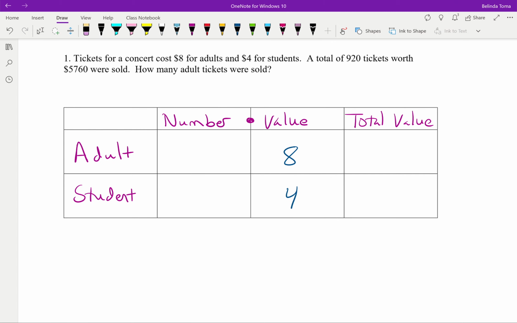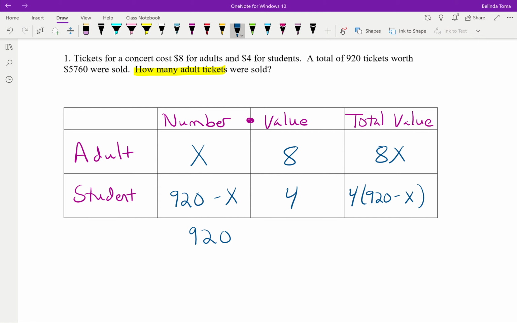So I'm going to put that at the bottom here, and then I'm going to think in terms of, since we want to know how many adult tickets, I'm going to make that my X. Well, if there were a total of 920 tickets sold and X were adults, then the remaining student tickets must be 920, our total, minus the adult tickets, or minus X. The third column is always an algebraic expression, number times value. And we don't want to forget to put our parentheses when we have a binomial expression.